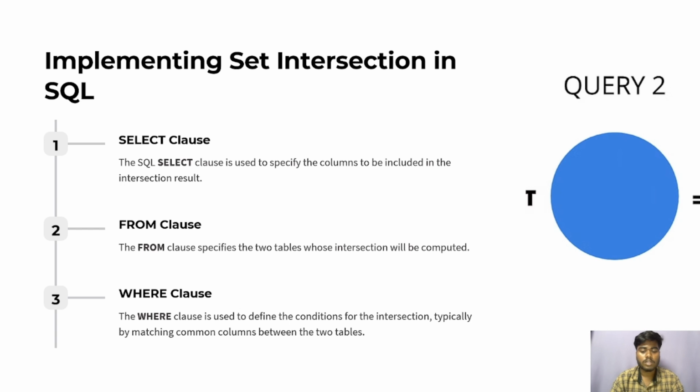The from clause specifies the two tables whose intersection will be computed. Finally, the where clause. The where clause is used to define the conditions for intersection, typically by matching common columns between the two tables.